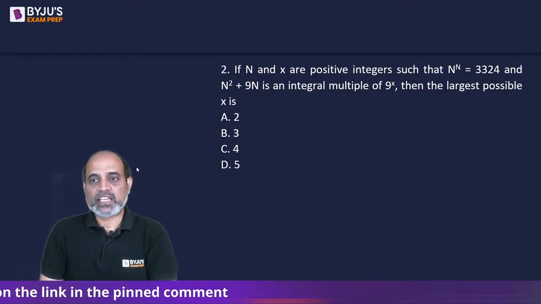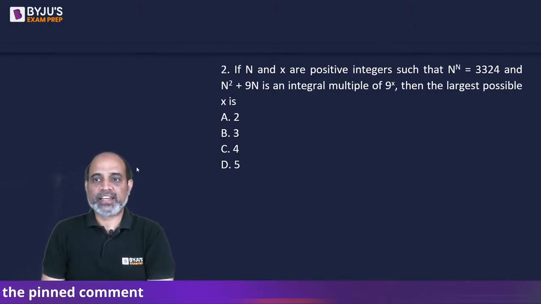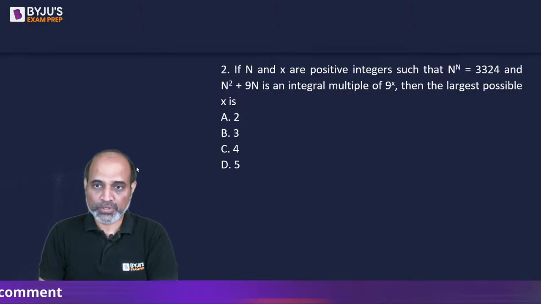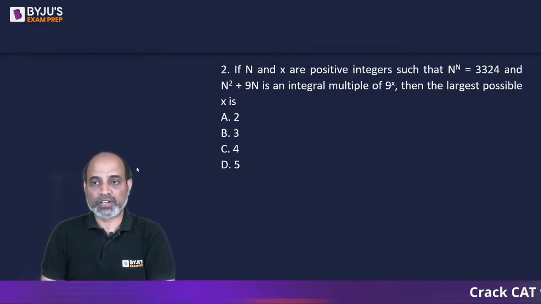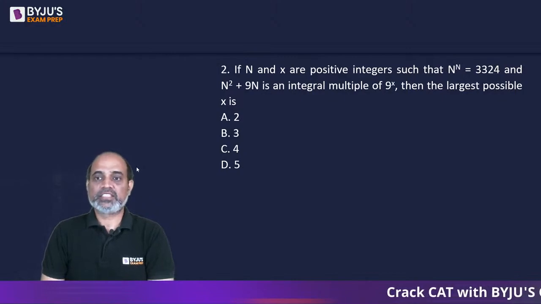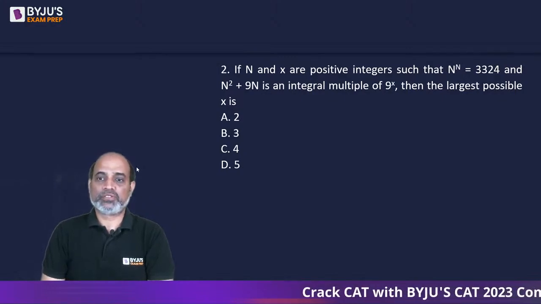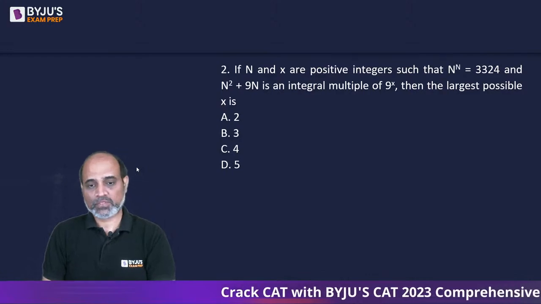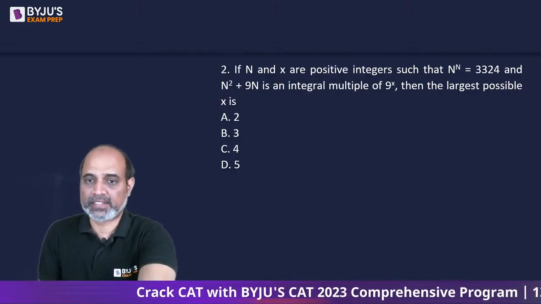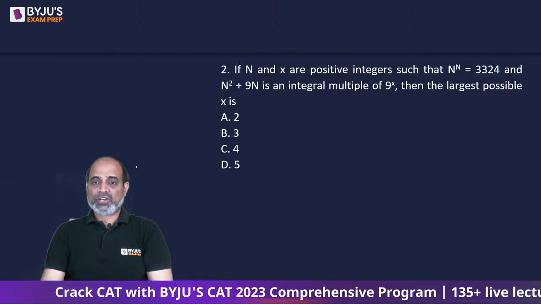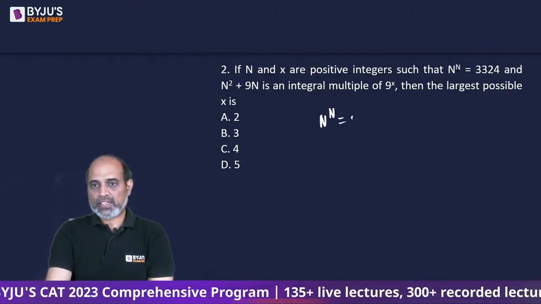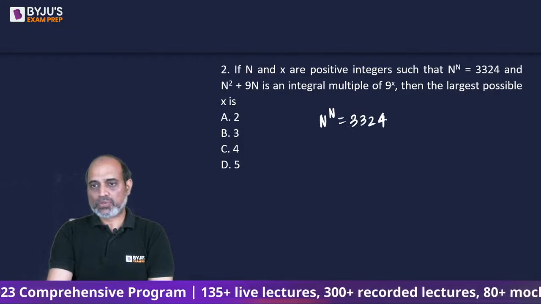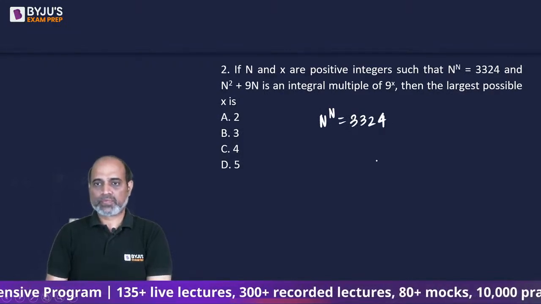If n and x are positive integers such that n to the power n is 3324 and n square plus 9n is an integral multiple of 9 to the power x, then the largest possible x is. So what is the maximum value that x can take? Okay, so we have n to the power n given as 3324, right?